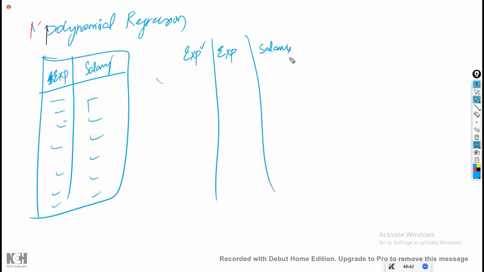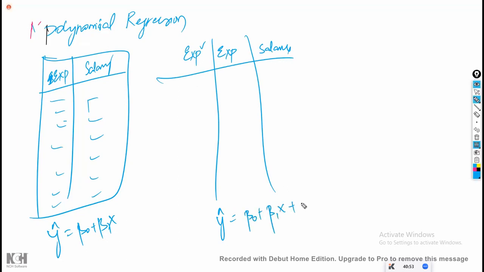Earlier it is simple linear regression, that is beta naught plus beta 1 x. In this case, the equation is Y hat equal to beta naught plus beta 1 x plus beta 2 x1 square. You have x1 only, but also x1 square. This is if you are having a single variable.